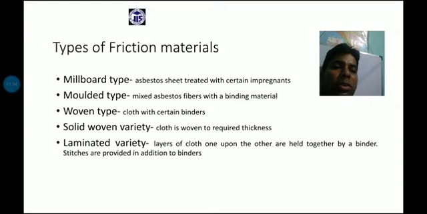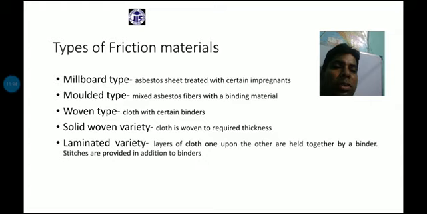That means the pressure plate always carries all the weight of the attached accessories of the clutch, and the alternate plates have inner and outer splines.